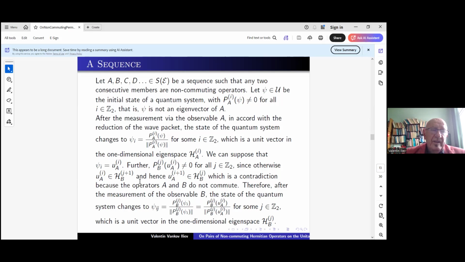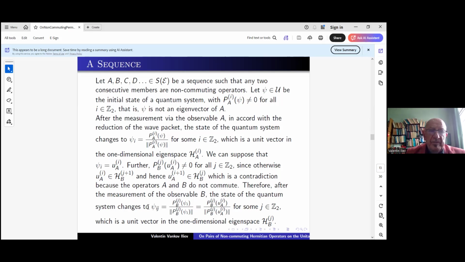Further, if you apply the projection of B on this vector, it is not zero for all j in Z2, because otherwise the two operators will commute, because this eigenvector of A belongs to an eigenspace of B, which is a contradiction because A and B do not commute.